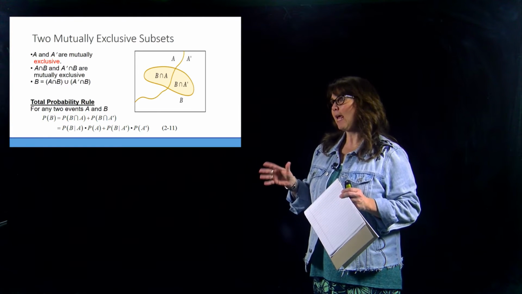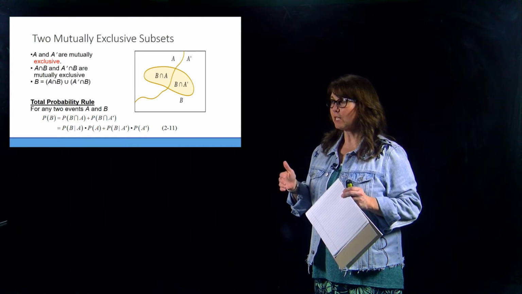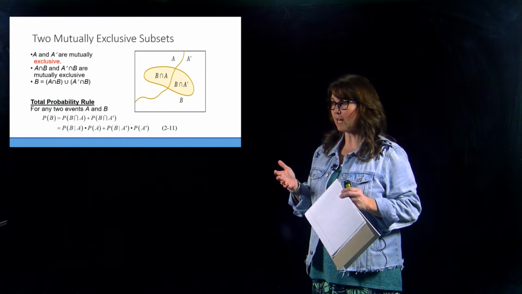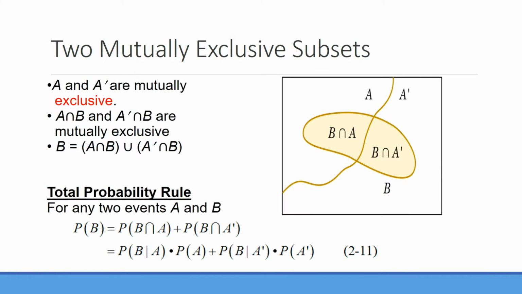And so A and A complement are mutually exclusive, as I said, but A intersection B, take a look at where that is, and B intersection A complement are also mutually exclusive. And so B is actually made up of A intersection B union A intersection B complement. So you see, to find B, we take this and we union it with that.